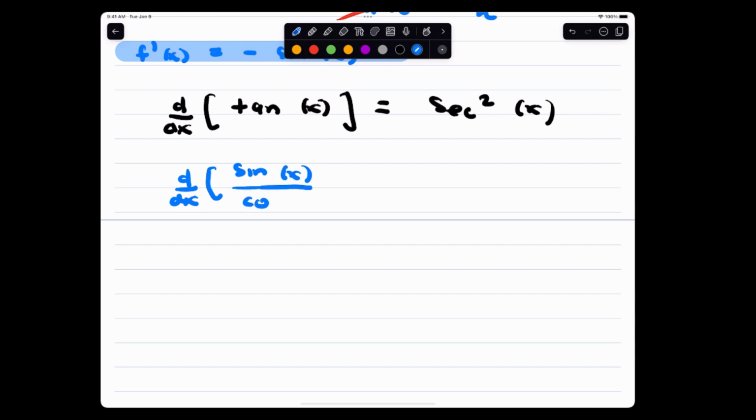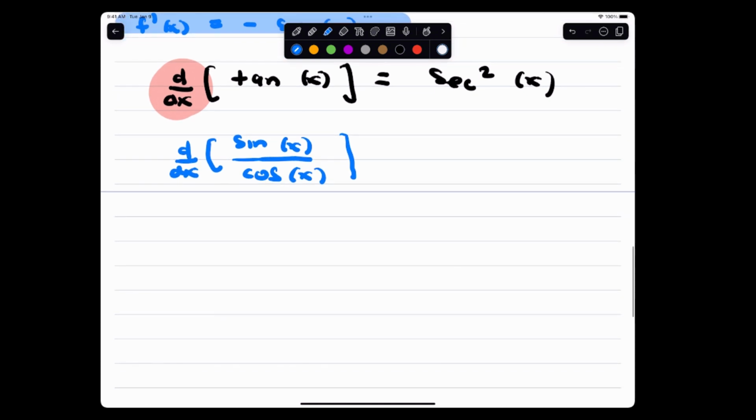I've just proved this to the trig class this morning. That tangent is sine over cosine. Okay? So this is cosine squared.